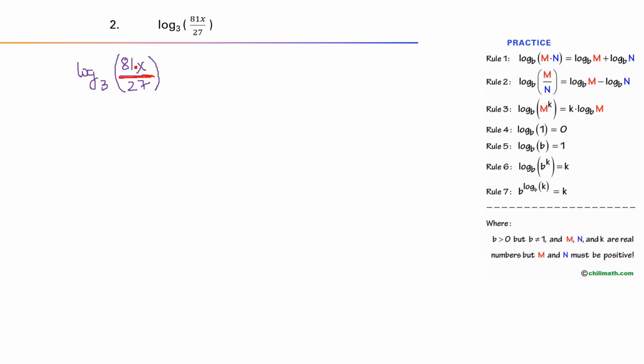So let's separate the log by using the quotient rule first. So by using the quotient rule, I will have log base 3 of 81x, at the top, minus log base 3 of 27. Here, this is the rule we use. So our m is 81 times x, and our n is 27.